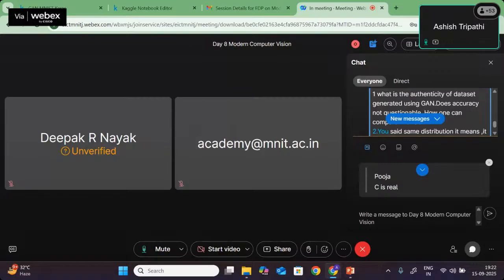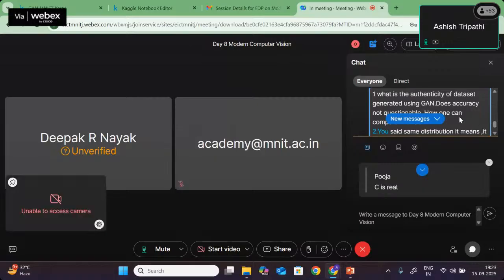If the similarity index between the image generated by the GAN based models and the real data is within the threshold that we require, then we can say this is the authentic one for me. So it depends on the application, how close an image I actually want. There are a lot of metrics that you can use to check the authenticity and the performance of the particular GAN model.